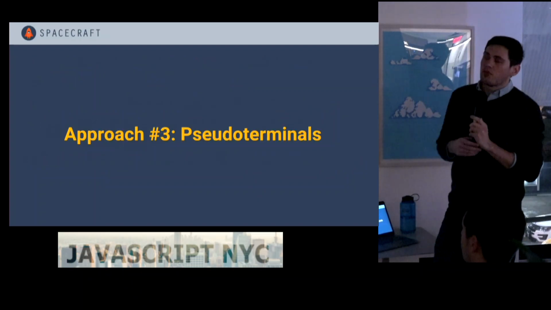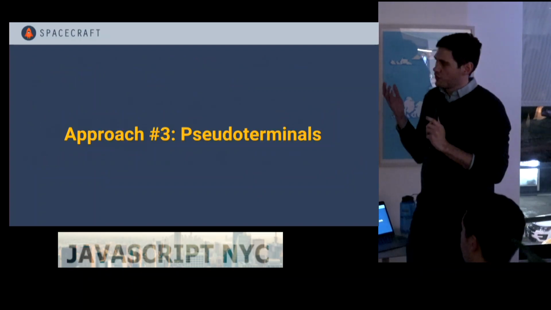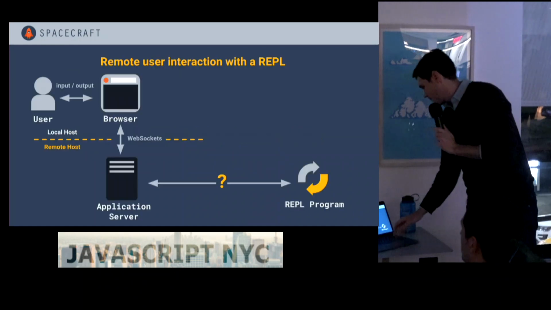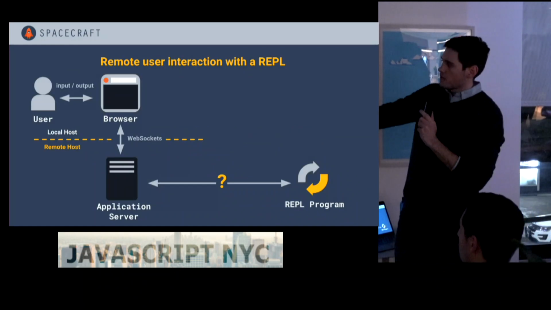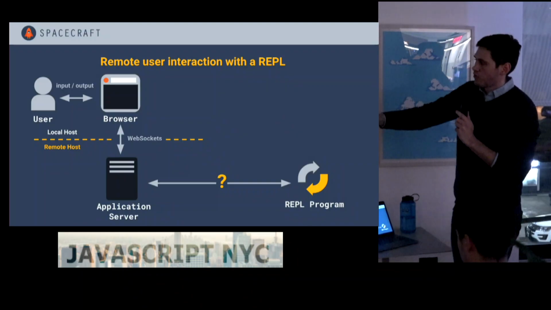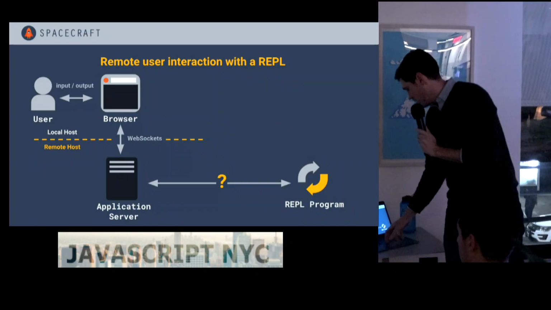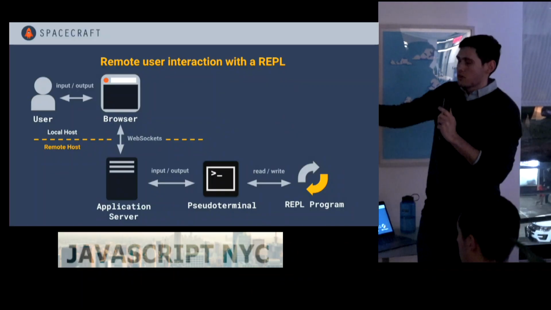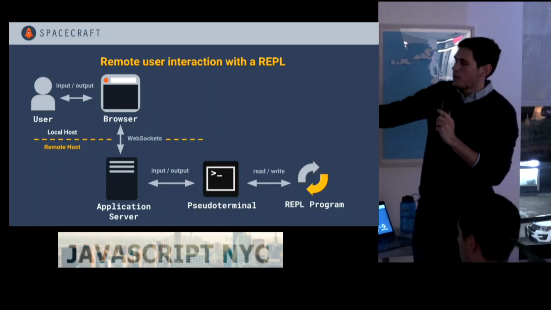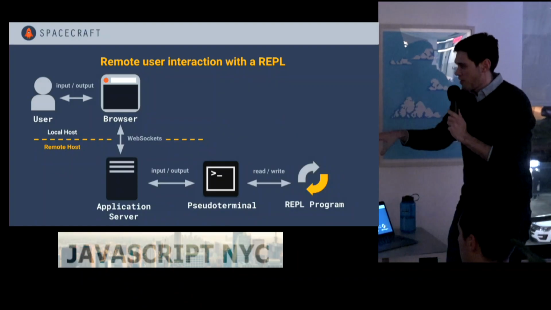So then we came to our third and final choice, which was to use a pseudo terminal. And here's that diagram again. And remember how I said there's a missing piece between how our application server speaks to the REPL program? Well, that's solved with the pseudo terminal, because a pseudo terminal will act as a communication channel between our application server and the REPL program.